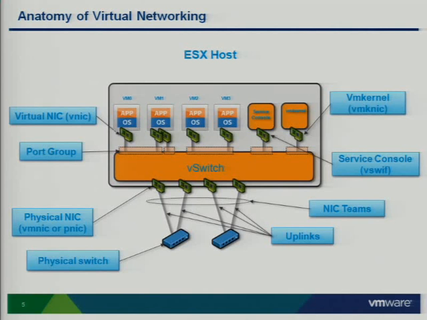Now, there's also the physical NIC, which is obviously there for the host to be able to talk to the outside world. And there's a concept of a port group. So what is the port group? The port group is an abstraction of how a specific virtual NIC is going to communicate with other virtual NICs and physical adapters. For example, say you have traffic coming down from this VM, and the destination does not reside on this host.